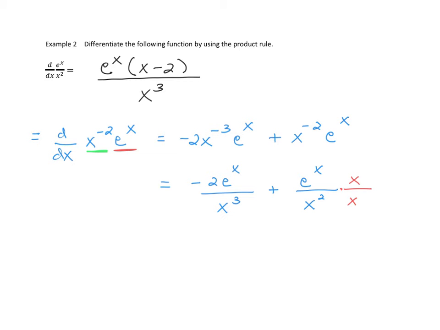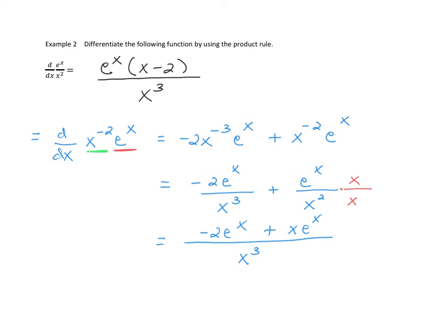That'll give me a common denominator of x cubed. Here, I didn't change the fraction, so I'll just put negative 2e to the x. I'll add on, over here I did change it, x e to the x, like this.